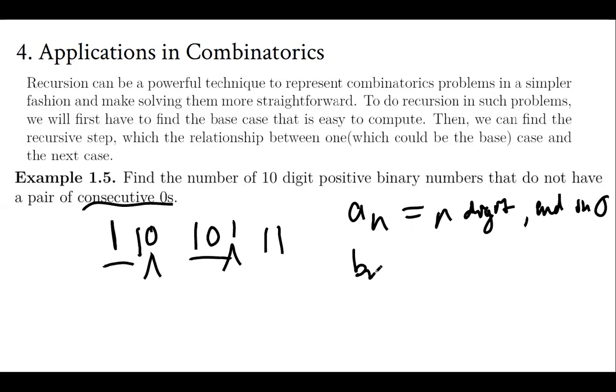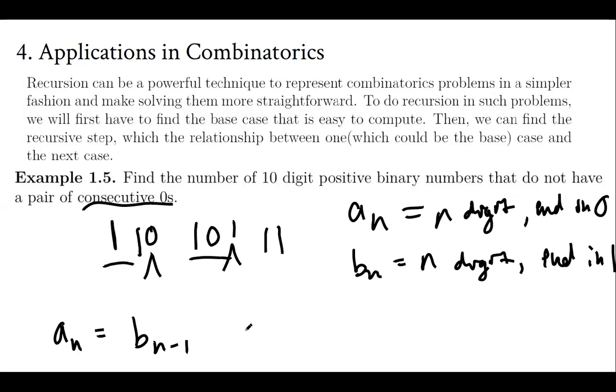And then b_n is the number of n-digit numbers that end in 1. I apologize for my sloppy handwriting. But for a_n, we can only add on a 1 to the end of an (n-1)-digit number. So that means a_n is equal to b_(n-1).